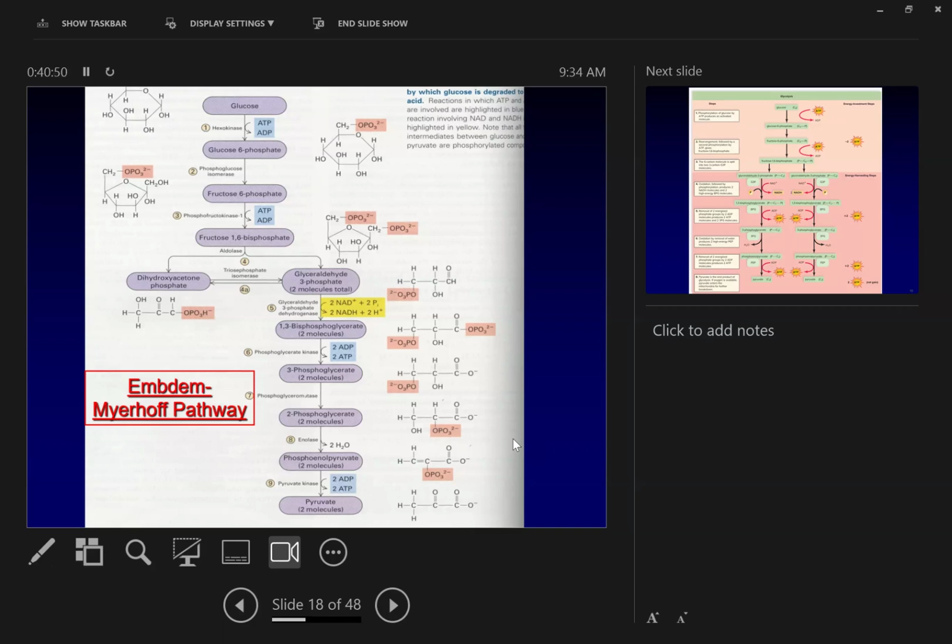So floating around in your cytoplasm are molecules of something called NAD, NAD plus. I think it's nicotinamide adenine dinucleotide, we can look it up. But it's NAD. The point of NAD is to grab electrons and carry them around, so we call it an electron carrier.